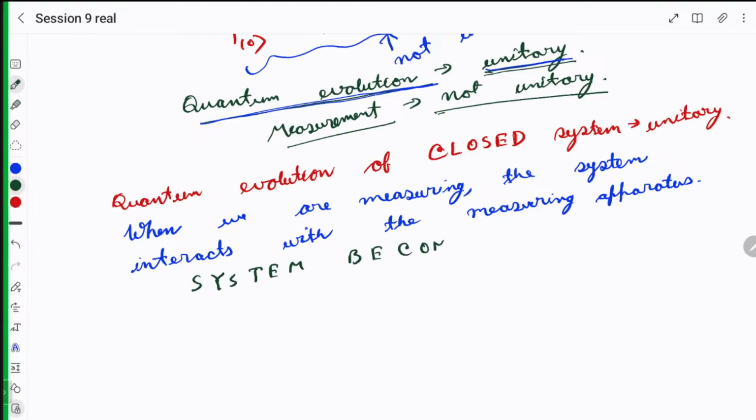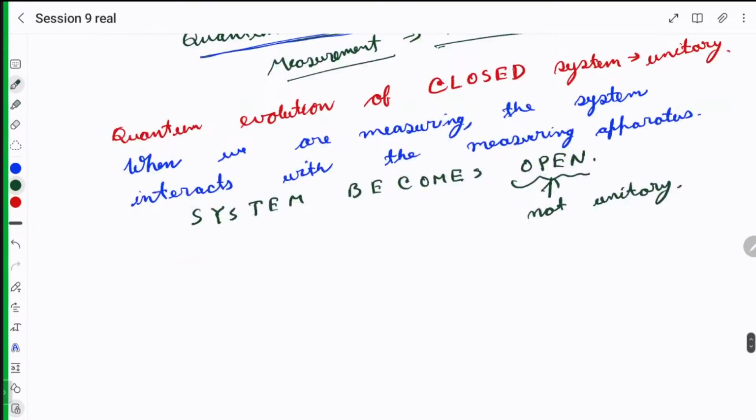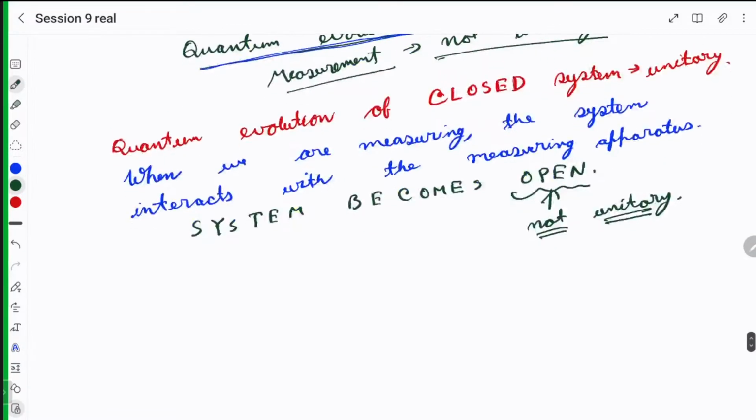The evolution of an open system may not be unitary. Is that clear? So when we are measuring, the system is not remaining closed anymore, it is becoming open, and that's why the projection operators which describe the measurement are not unitary.